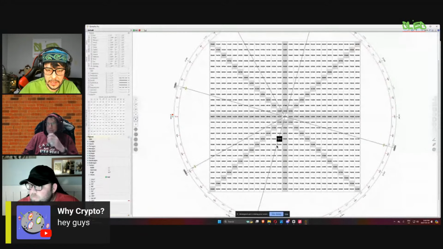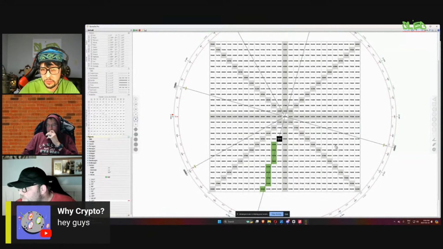Okay, now you select the prices that intersect this 45-degree line. These will be your support and resistance prices.